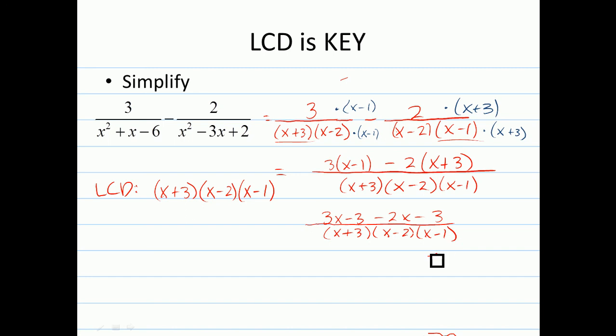So as we work this out, or as we combine our terms, we should get x minus 6 over x plus 3 times x minus 2 times x minus 1. So this is the idea behind trying to simplify these fractions. We will do more of these in due time.